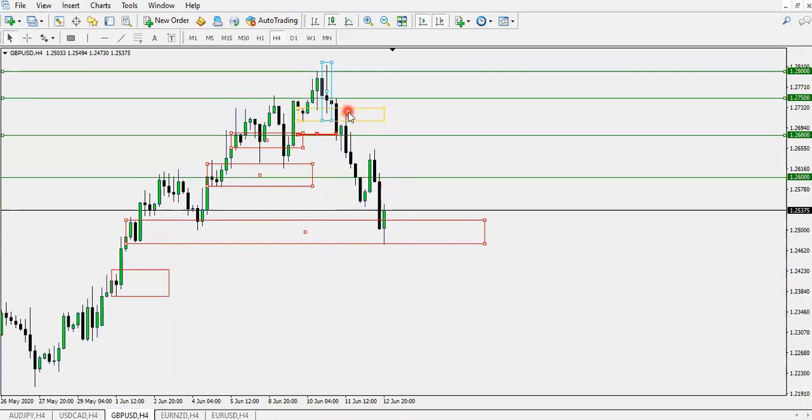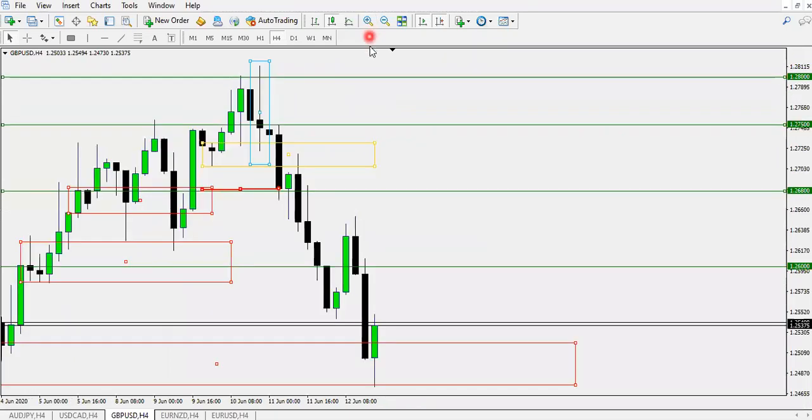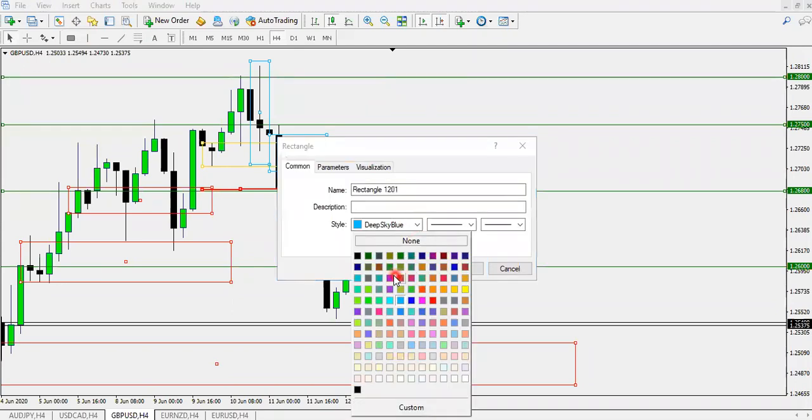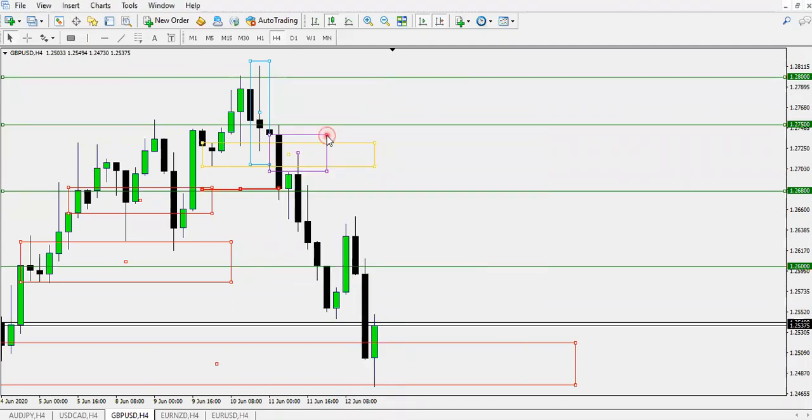Price rallied up, tested our breaker, and if we look closer, we will see that there is also a fair value gap over here that was closed about 50%. So there's about 50% closed, and another 50% of that fair value gap to be closed at a later point in time when price comes near to those levels.